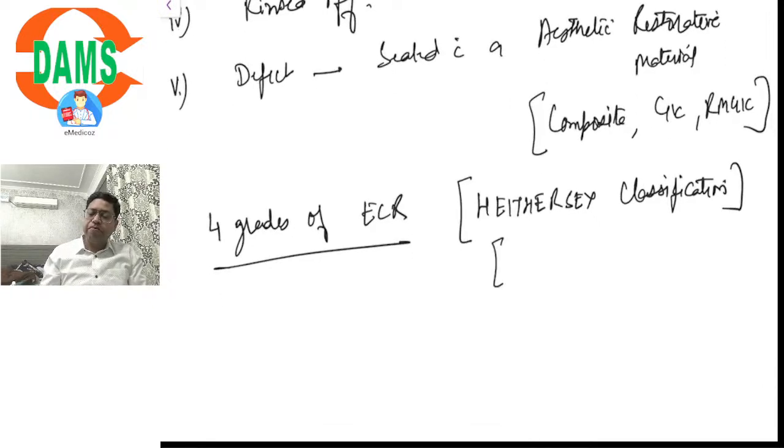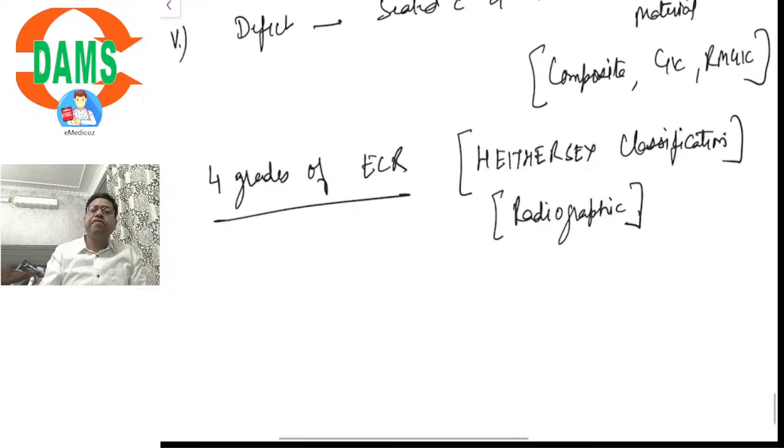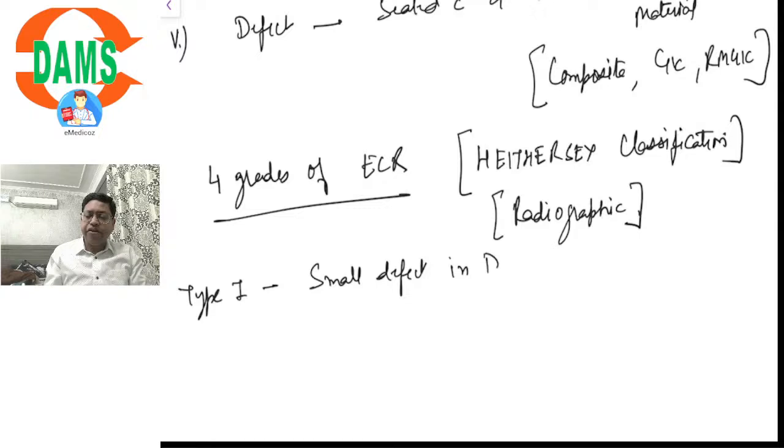Okay, this is based upon the radiograph. So it is basically a radiographic method of identifying the severity or the grade of external cervical resorption. According to this, type 1 is a small defect in dentine only, not reaching the pulp.